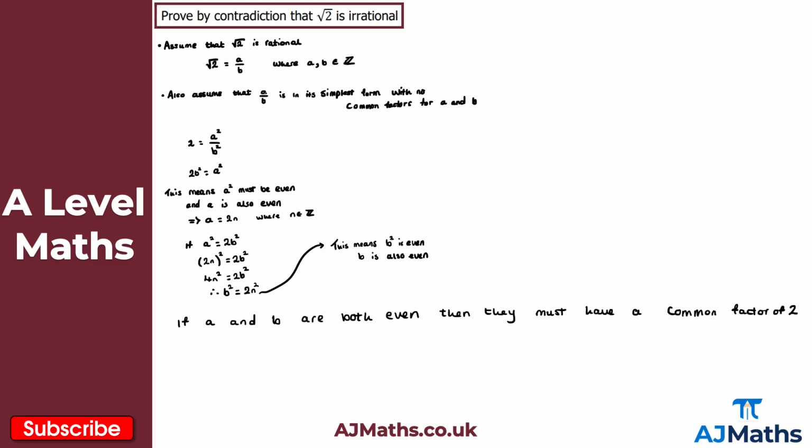Okay, so we assume that a over b is in its simplest form with no common factors for a and b. But like we can see here, if a and b are both even, then they must have a common factor of 2. And that clearly contradicts this opening assumption here. Okay, so let's just make a note of that as well. So this contradicts our opening statement.